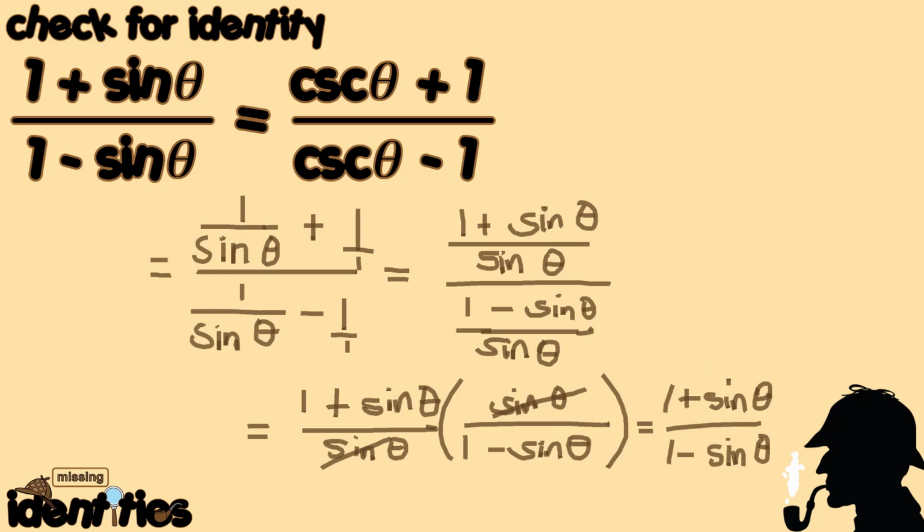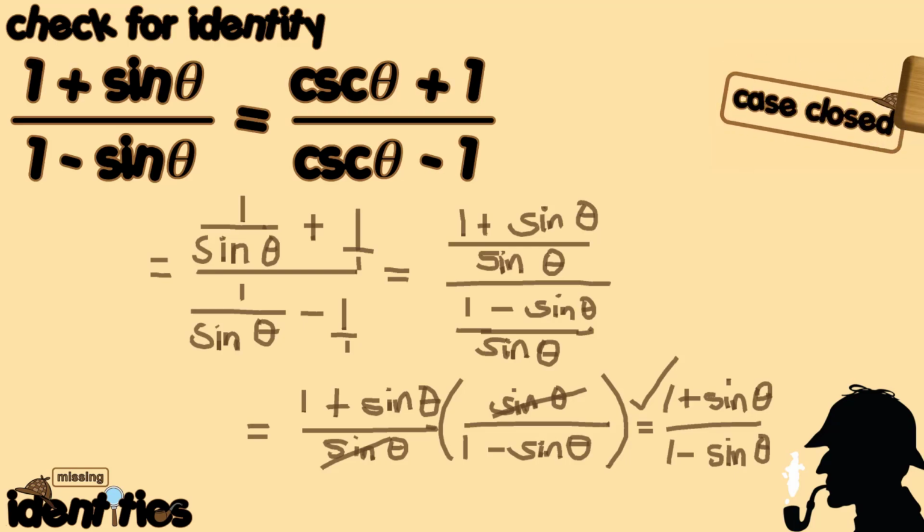Yes, this is the entire expression on the left-hand side of our original equation. And with this, we have verified that really the right-hand side can be expressed as the same as the expression on our left-hand side, and this is an identity. This case for missing identity is now closed.